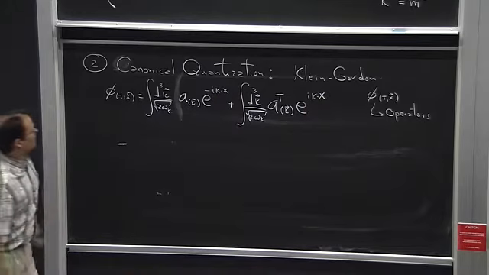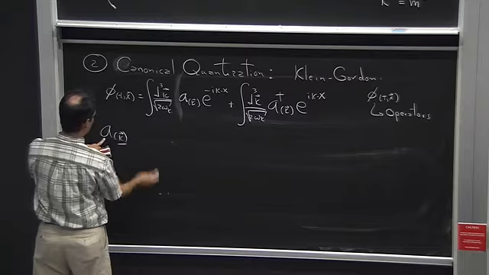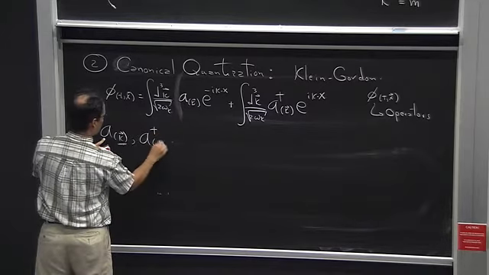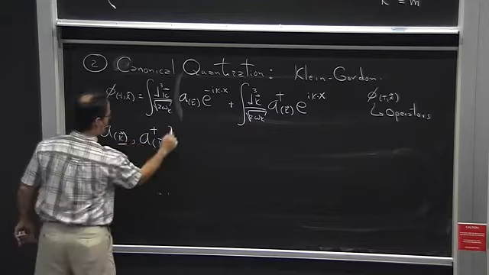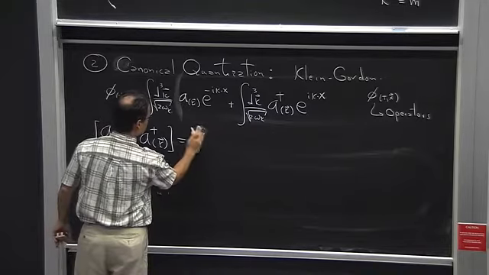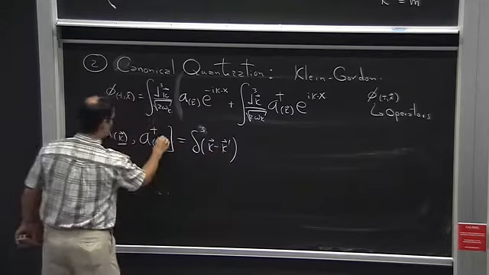Okay? And we interpreted this as being annihilation operators, and these ones as creation operators, which then had commutation relations of this form at different k.